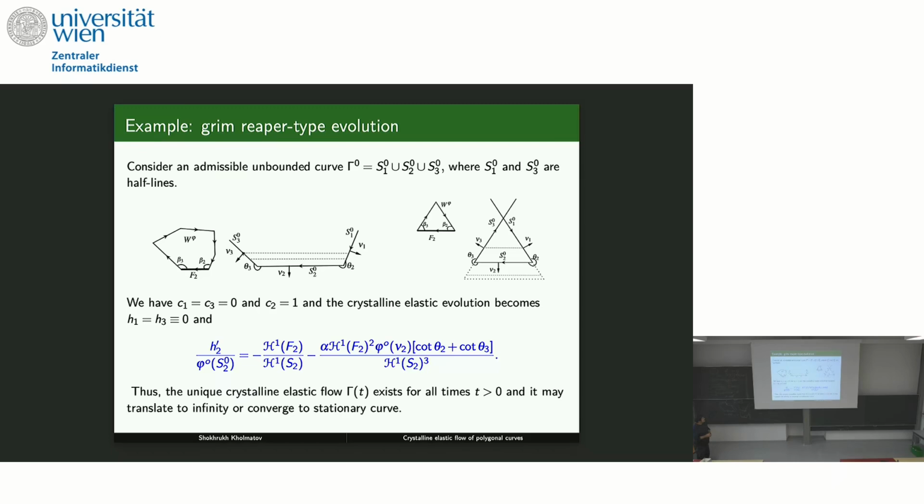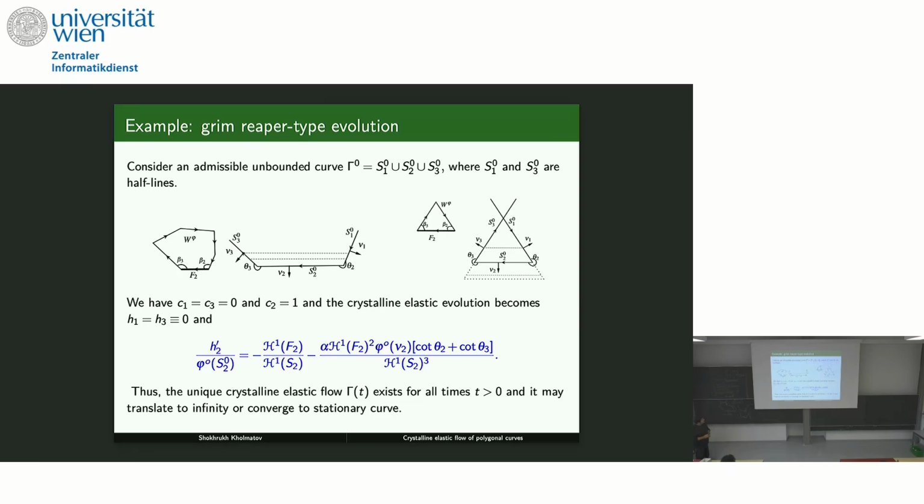In this situation, the only evolving segment is S2, and these are half lines with boundary conditions. And this means my second segment is translating to infinity. So it's escaping to infinity.